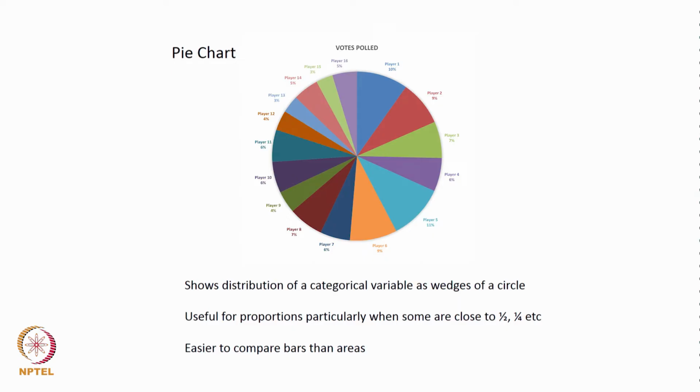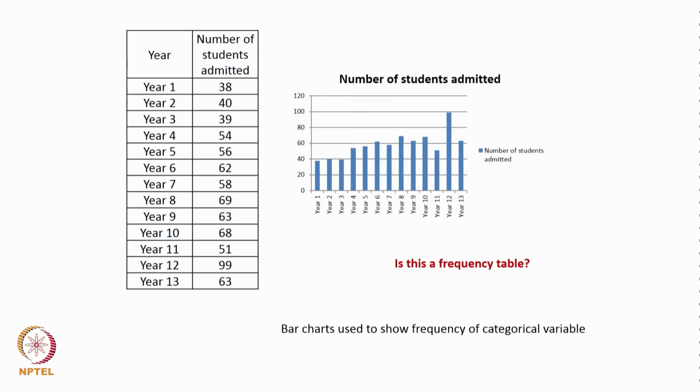There is a general feeling that it is actually easier to compare bars than to compare areas. For example, if we look at this bar, it is quite easy and quick to say that this bar is much taller than the rest of the bars, and therefore, this is the one that has the highest frequency. Now, let us look at year 8 and year 10.